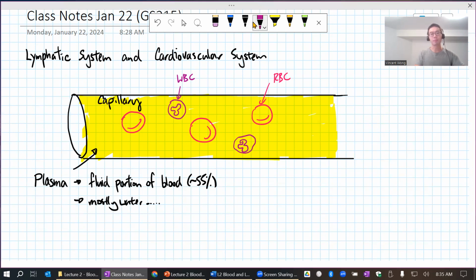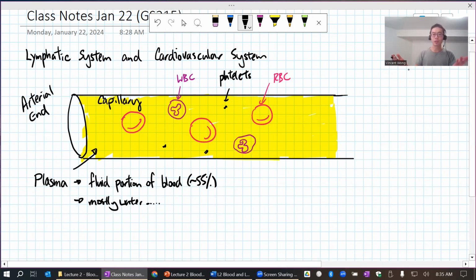And sure, you will have maybe platelets as well, which are tiny fragments of cells. All right. So this is the arterial end. And then on the other side will be the venous end, which I'll label later. But nothing's new. Everything we learned about already, right?